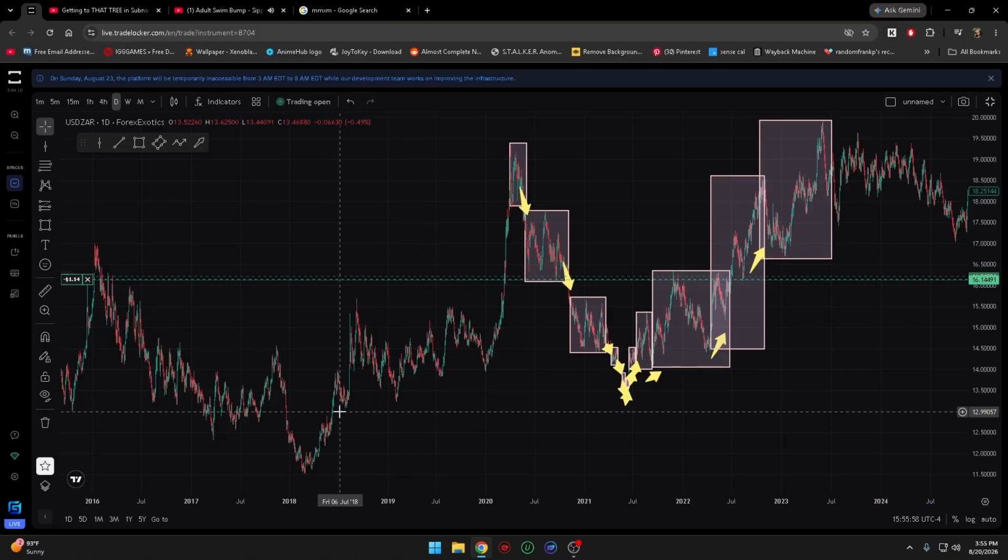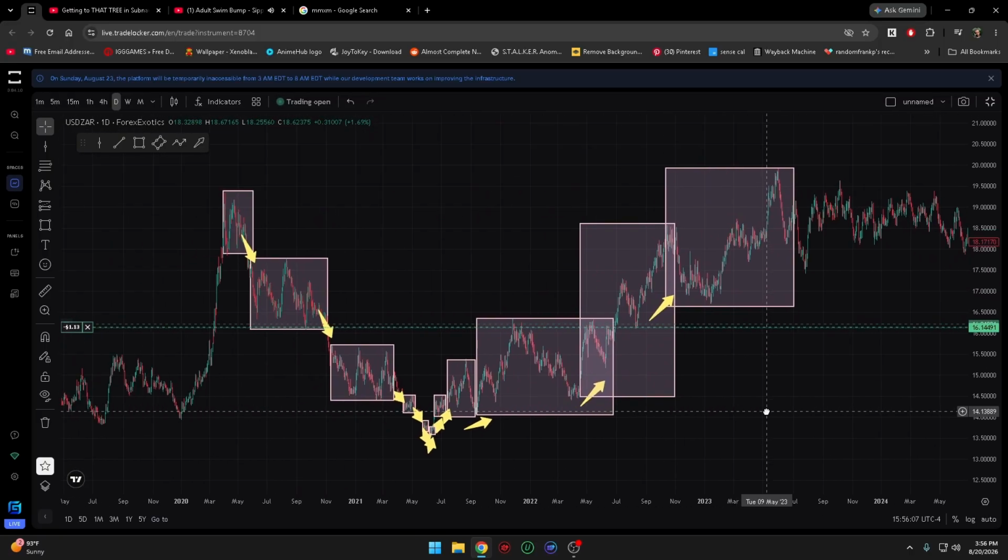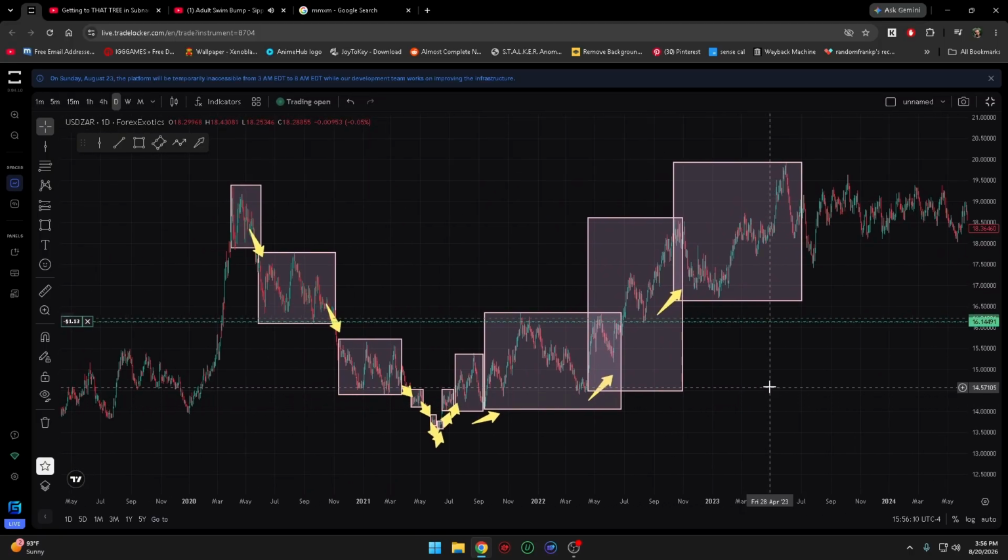Oh, there's liquidity right here. But no, that made no sense. That sounds stupid. That doesn't even make sense when I try to think about it.